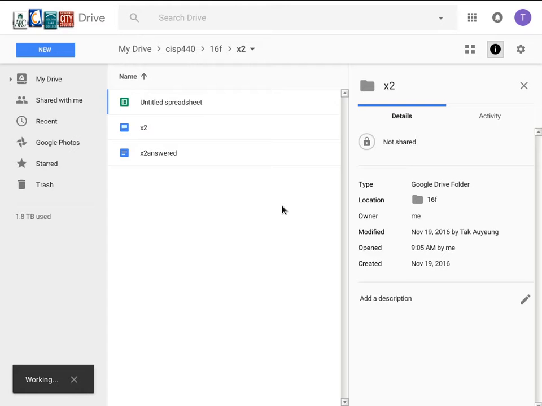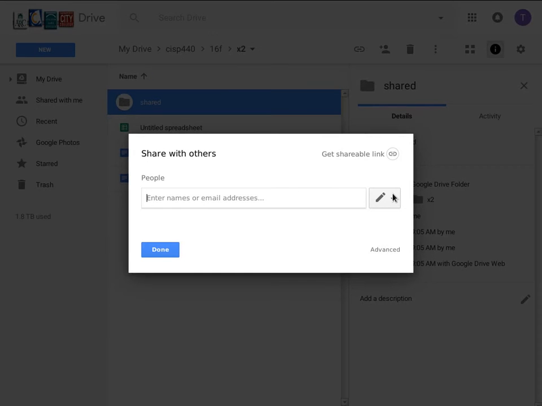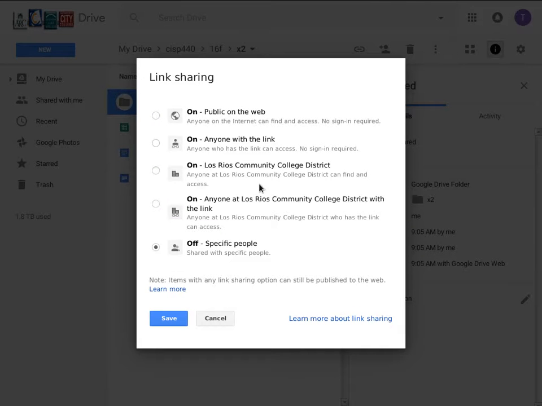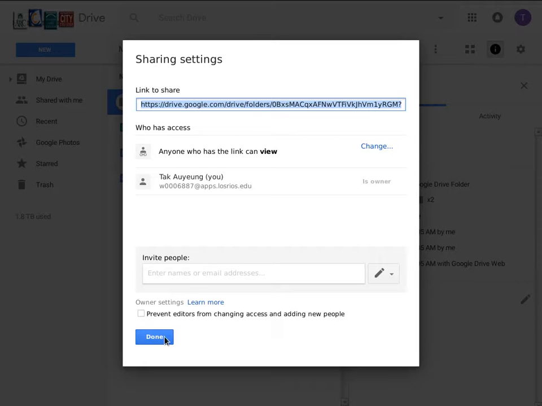Okay. I'll still need to send you guys the link to it, but once I share this folder, I'll make it so that anyone with the link can open it. This way you don't have to sign into the apps.lostreels.edu in order to use it.